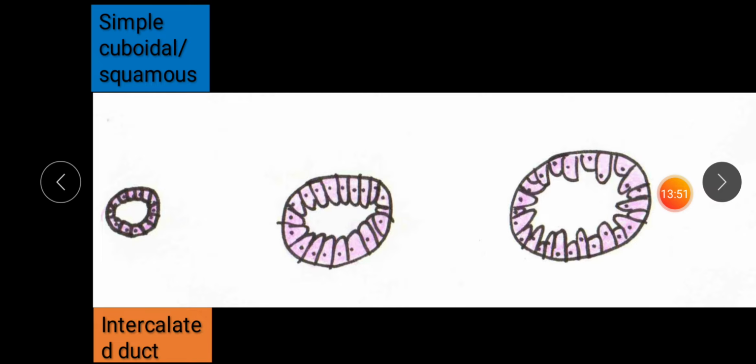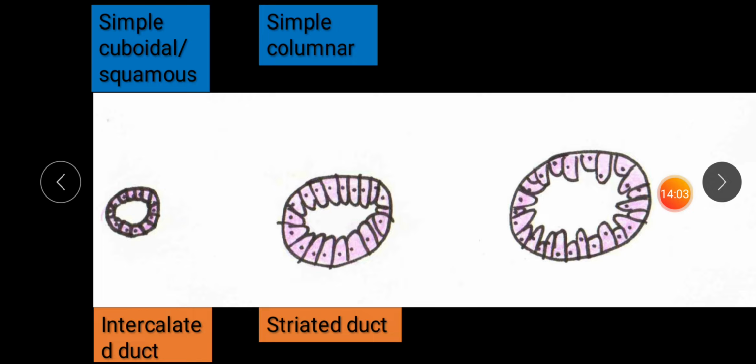Next, you have the striated duct, and the cells lining the wall of this duct are simple columnar. In my previous video, I mistakenly mentioned simple cuboidal or simple squamous instead of simple columnar.